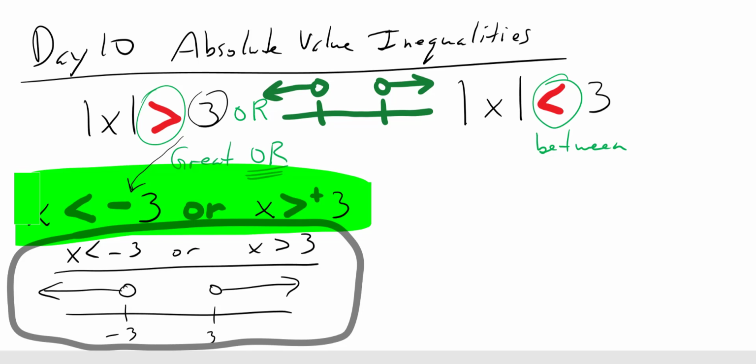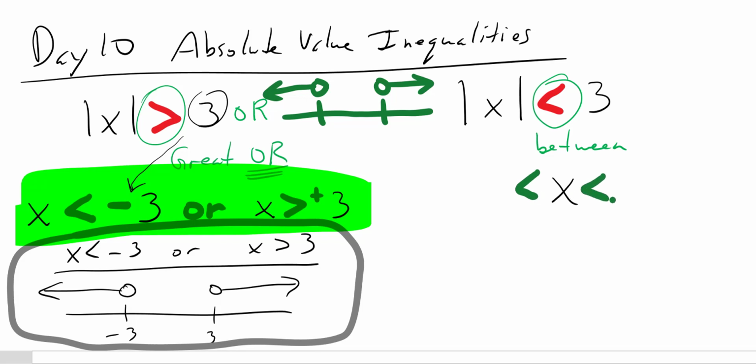But I want to get now to the between problem, which is very simple as well. First of all, you are going to write out x, and these arrows always go that way.